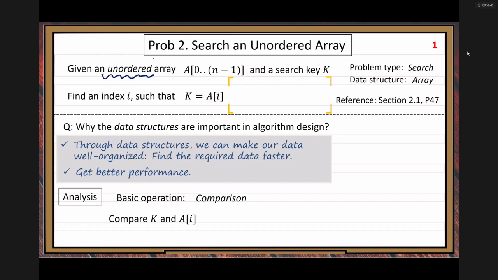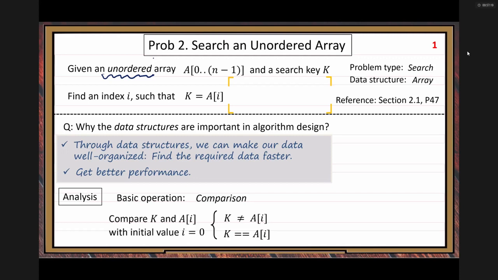I is the index. So you want to go through all the elements in the array. You start with the first element in the array. So initially, I equals 0. After that, you compare K with the value of the current element, A of I. Here, we only consider 2 different states.